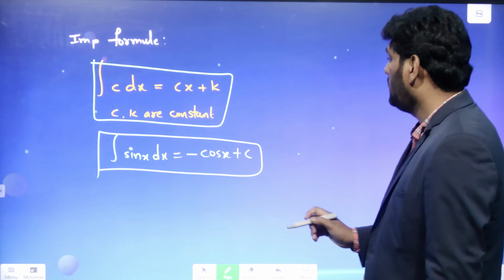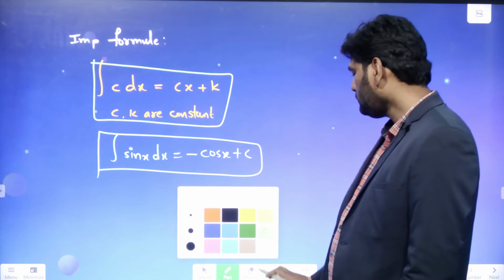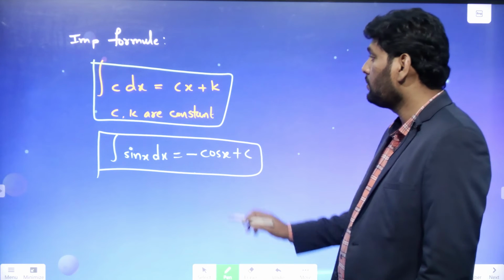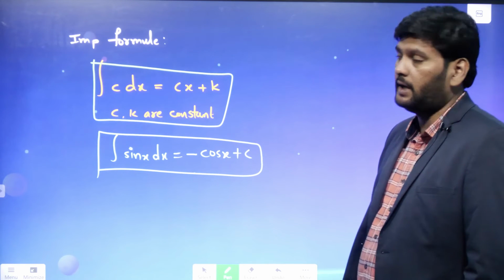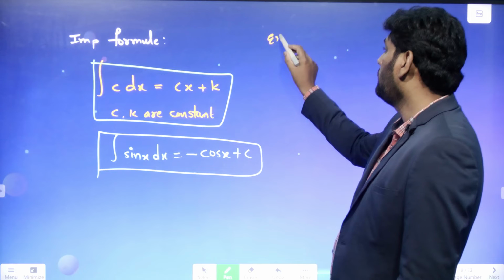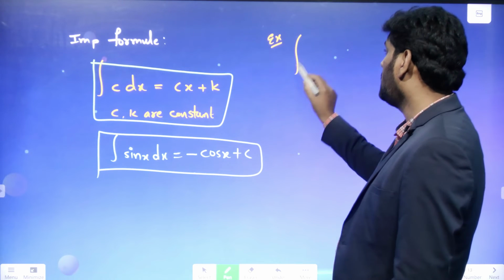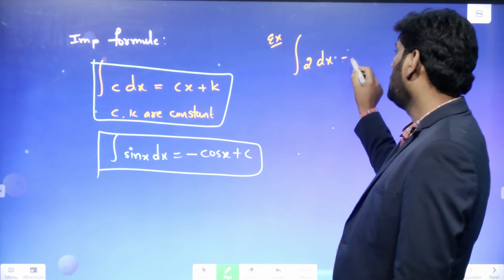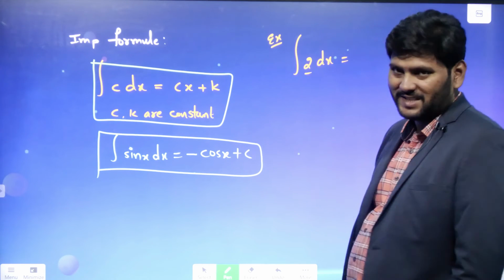Now let's do some questions based on these two formulas. First I'll take a question based on integral c dx. For example, integral 2 dx. Here 2 is a constant, right?